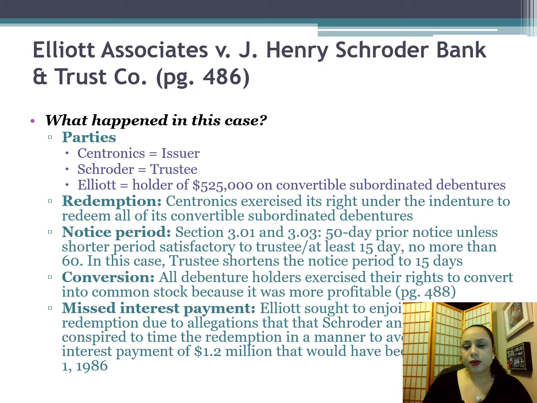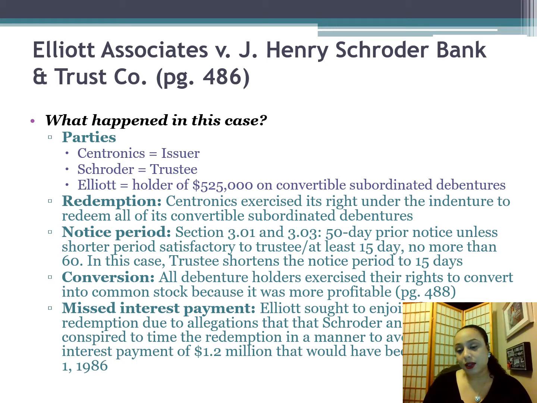However, the bondholder realized that, my goodness, the trustee effectively used its discretion to shorten the notice period. The effect of shortening that notice period is that now we were not able to receive this additional interest payment that we would have been entitled to. And that additional interest payment was in the amount of $1.2 million. Okay?